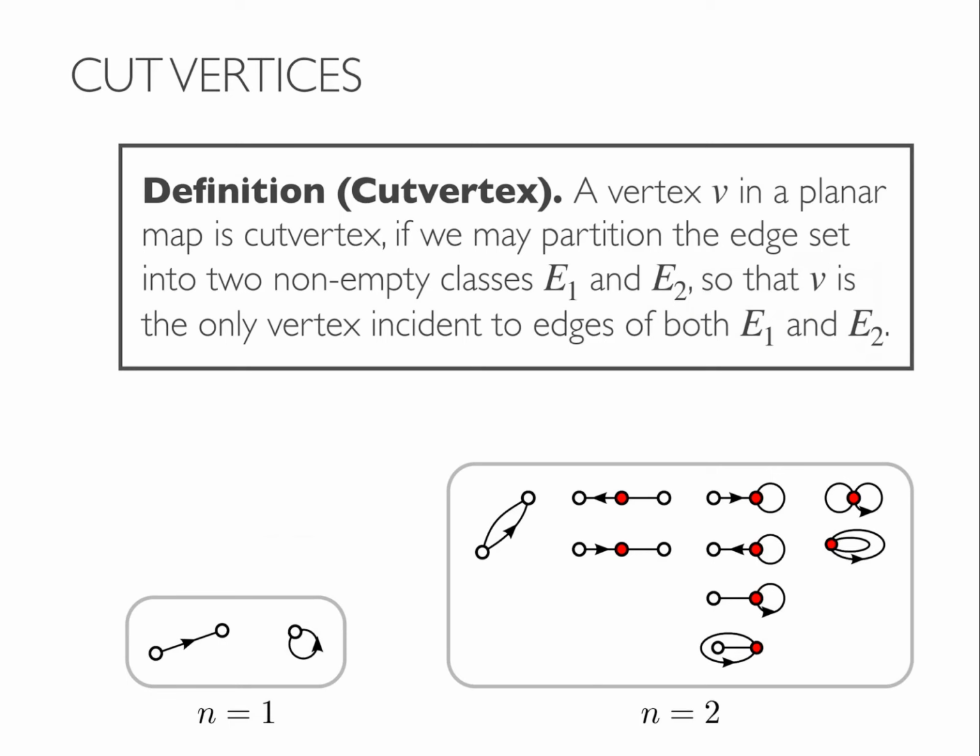A vertex v in a planar map is called a cut vertex if we may partition the edge set of the map into two non-empty classes E1 and E2, such that v is the only vertex incident to edges of both E1 and E2. In the pictures below, I've colored all the cut vertices in red.